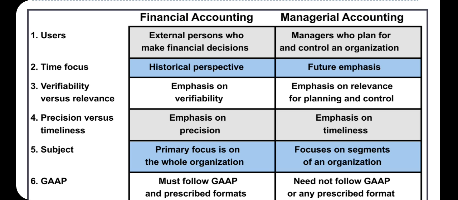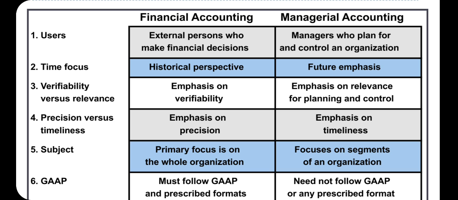And then number 4, precision versus timeliness. For financial accounting, the emphasis is on precision. Everything must be accurate. Remember when you do the journal entry, the ledger, the trial balance, etc., everything must be accurate. If you put a wrong number, then your record will be wrong.